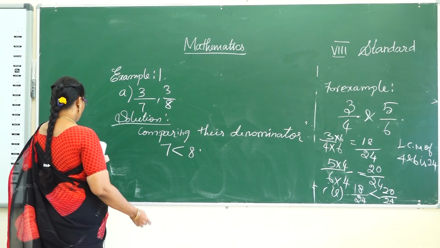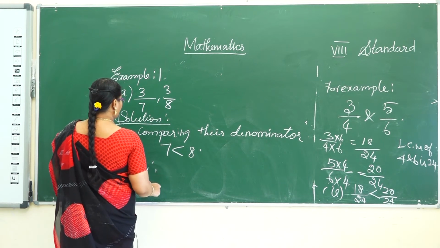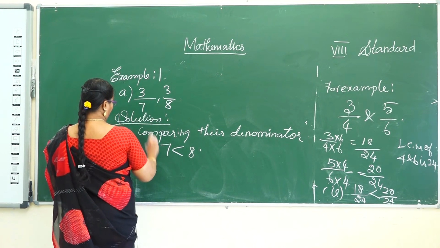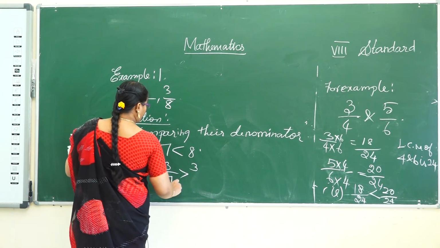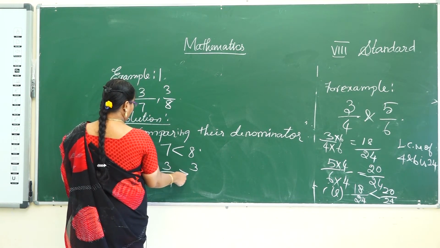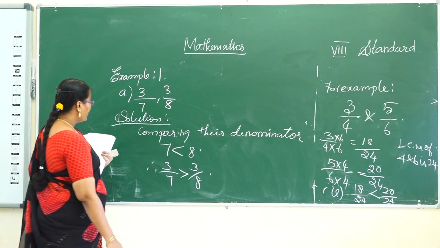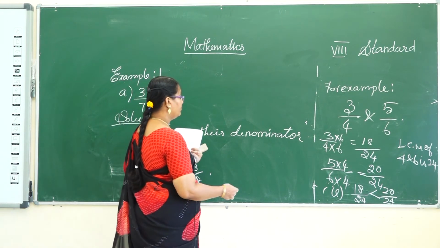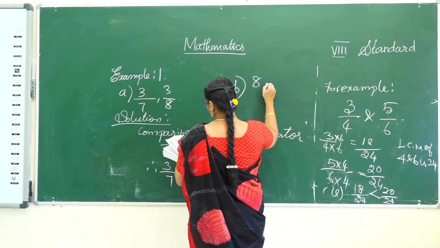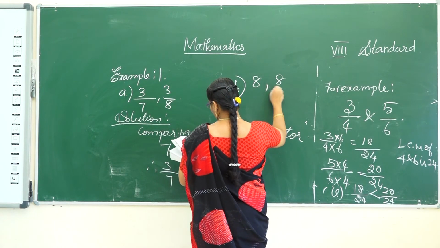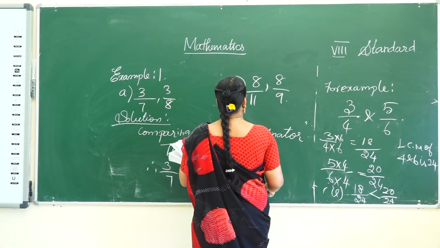So in rational numbers, which one is the greatest value? 3 by 7 is the greatest value, greater than 3 by 8. That's all. And the second one, B, 8 by 11 and 8 by 9. Here also it is the same.